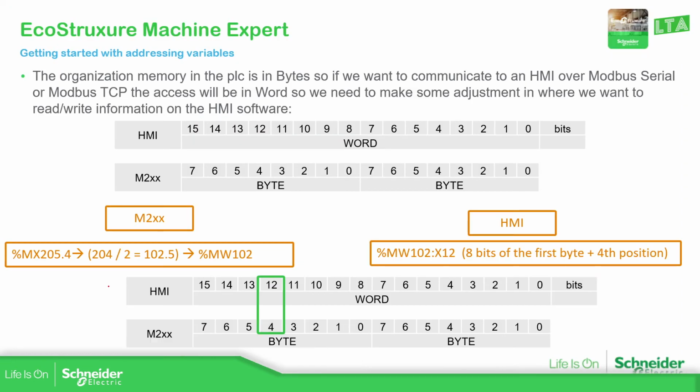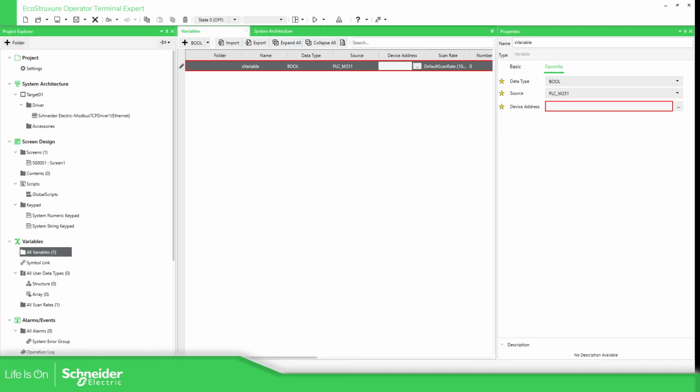If we go over here, percentage MX 50.0, we need to divide this part by 2. So it's going to be 25. So the memory address is going to be percentage MW 25. So we can start writing that on the other side.